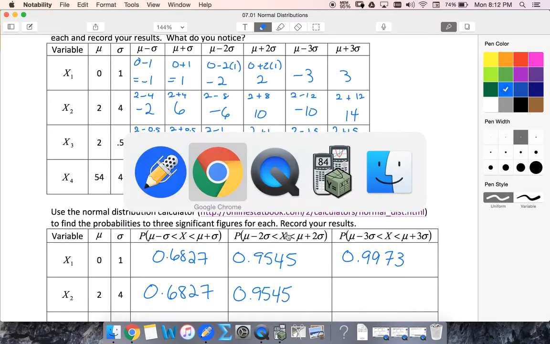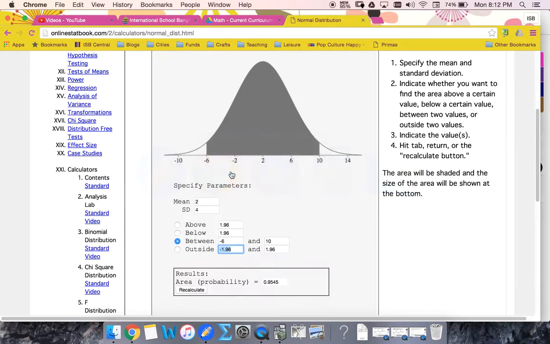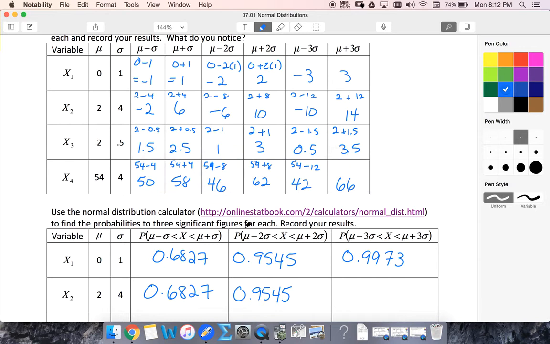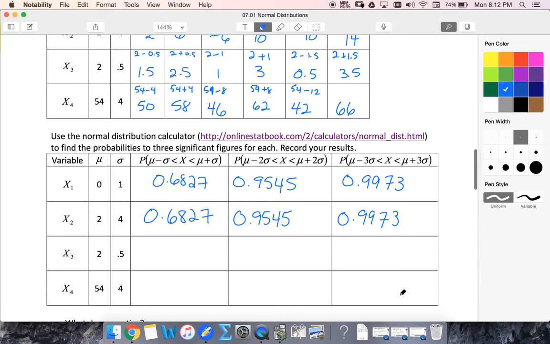3 standard deviations away from the mean. So now I'm going from negative 10 to positive 14. Again, really close to 100%, but not quite. So hopefully you're seeing a pattern here. And you should go ahead and calculate the rest if you don't trust me, but they're all going to be the same.